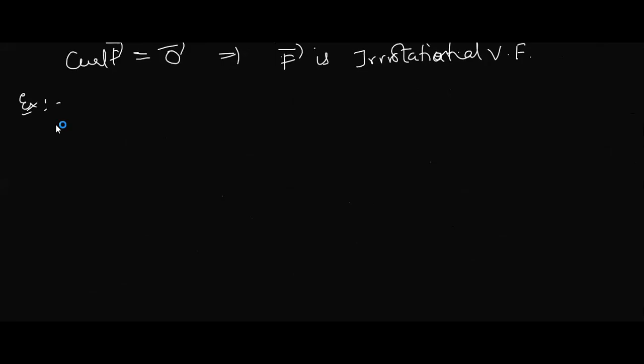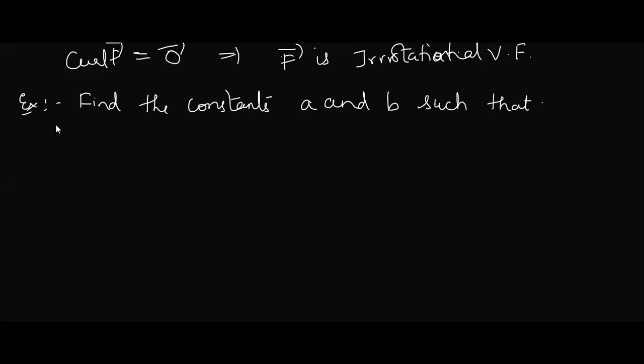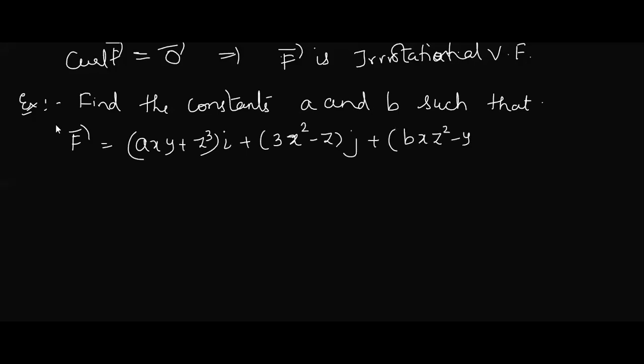Write this. Find the constants a and b such that F bar is equal to (axy plus z cube) into i, plus (3x square minus z) into j, plus (bxz square minus y) into k is irrotational. This is also one of the important types of example.